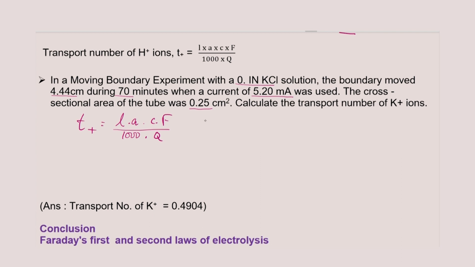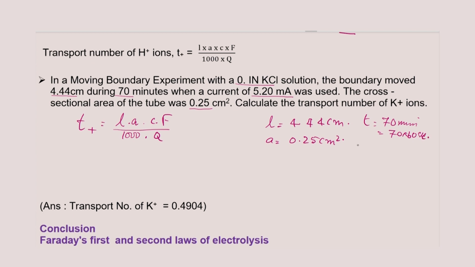Now, what is L? L is the length, 4.44 centimeter. The cross section area A is equal to 0.25 centimeter squared, and time is equal to 70 minutes, which is equal to 70 into 60 seconds.